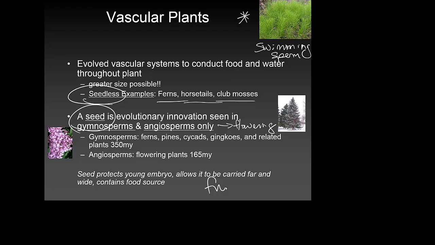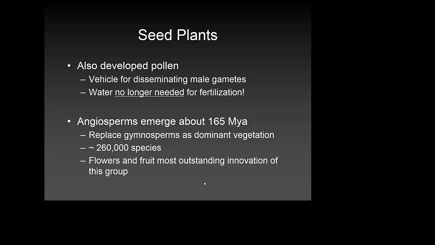Now eventually we'll add fruit, but that's much later on. So very early on we're just looking at seeds. So these seed plants, as I mentioned, they'll have pollen so we can increase dispersal. They're going to need no water for fertilization at this point, so the development of seeds and so on would be possible without the presence of water.